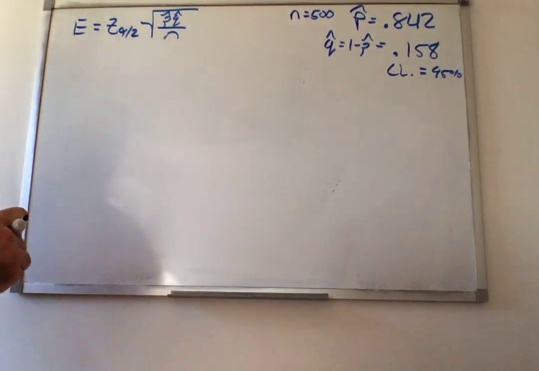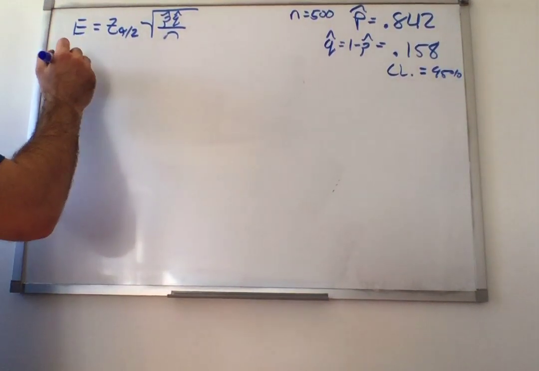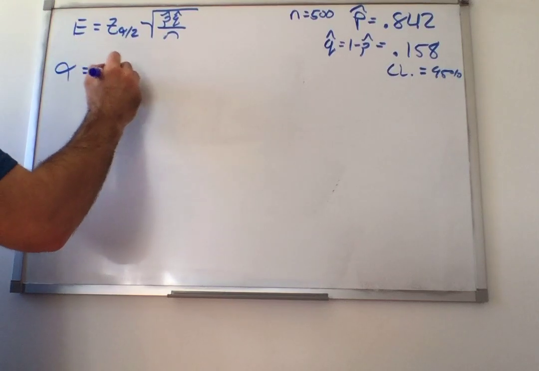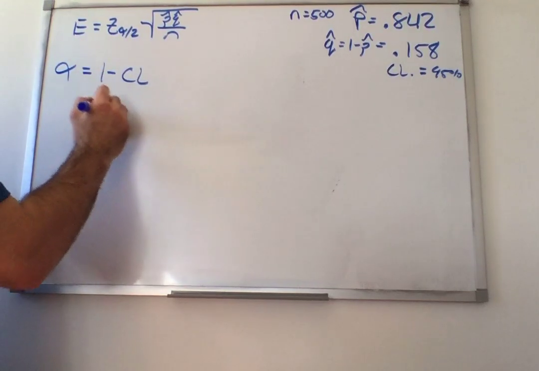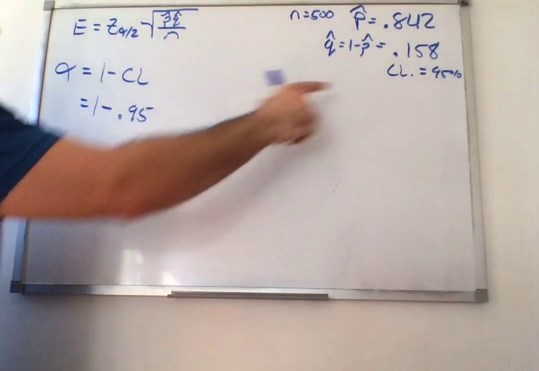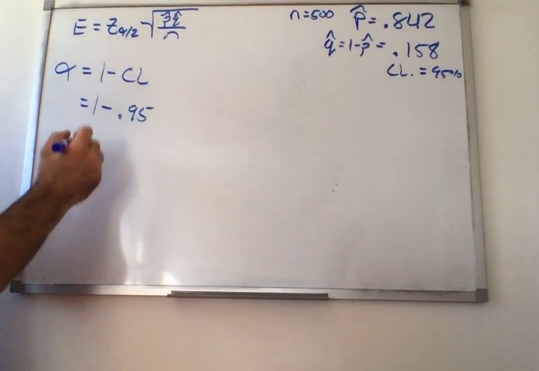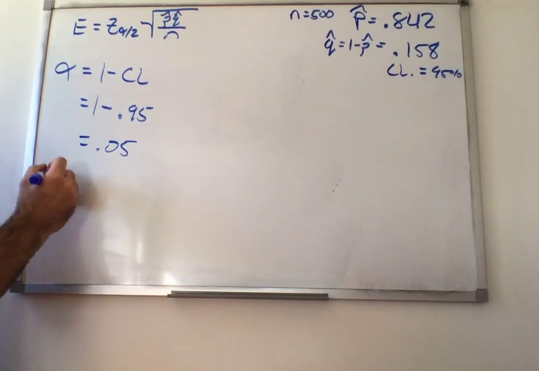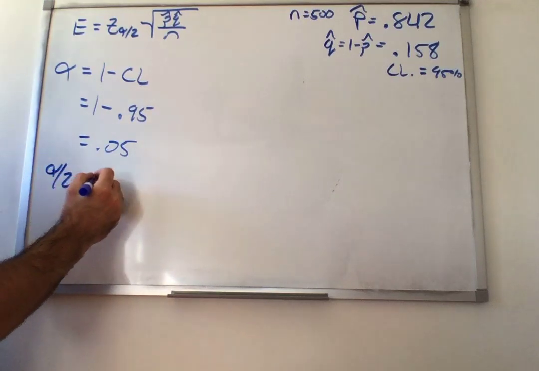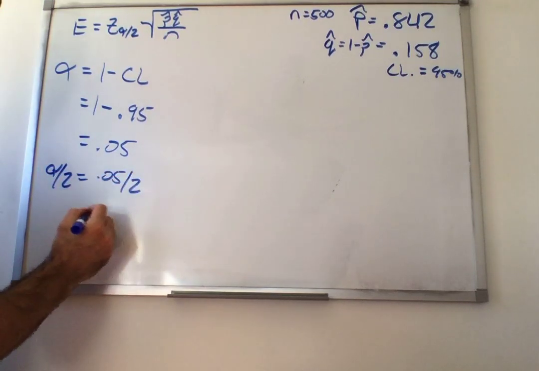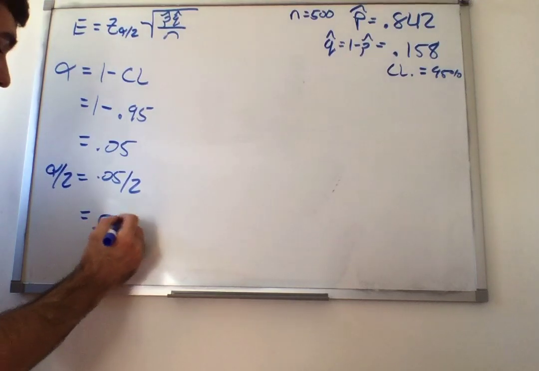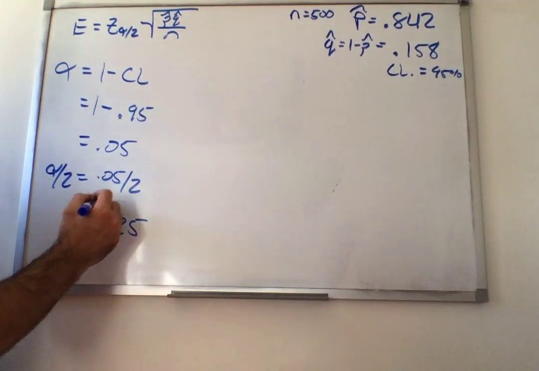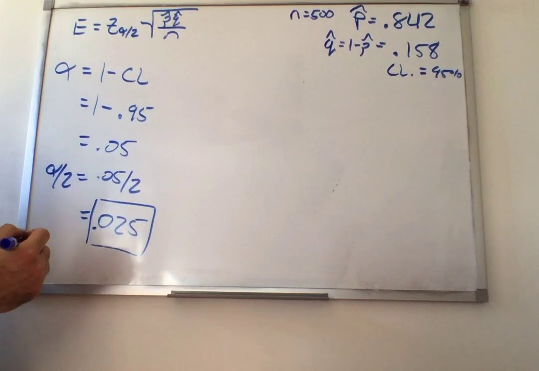So we need to find what alpha divided by 2 is. If you remember, alpha is always 1 minus the confidence level, so it's 1 minus 0.95. You have to turn the percentage into a decimal, and you get 0.05. But that's alpha. We need alpha divided by 2, which is 0.05 divided by 2, 0.025, okay? So here's our alpha divided by 2.